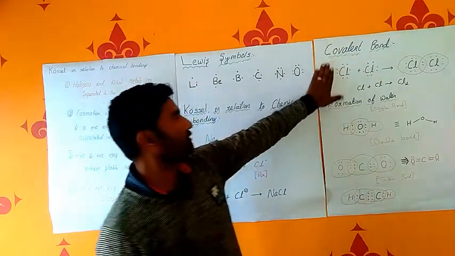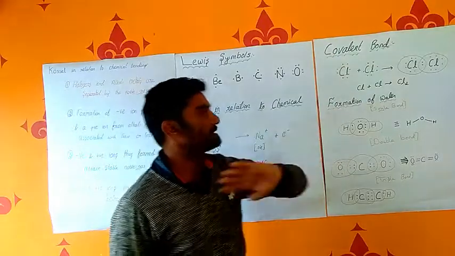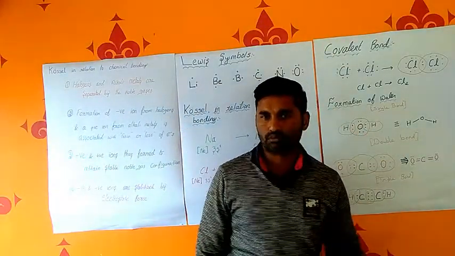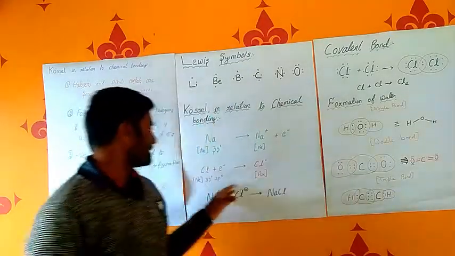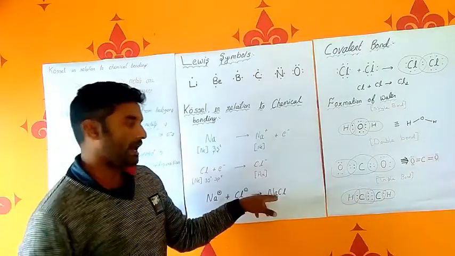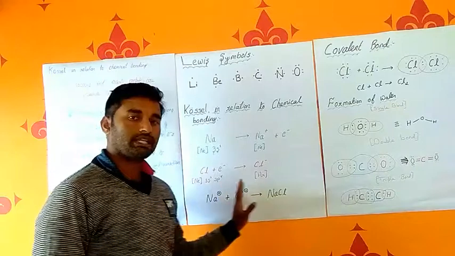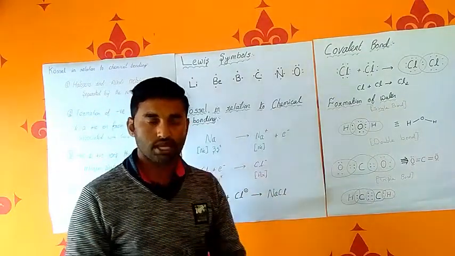Next we are going to see covalent bonding. We already saw what a bond is. A bond is nothing but a strong attraction force. In the case of sodium and chlorine, the positive and negative ions are stabilized by strong electrostatic force.